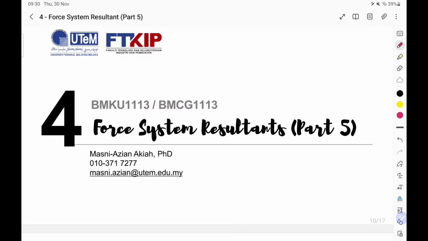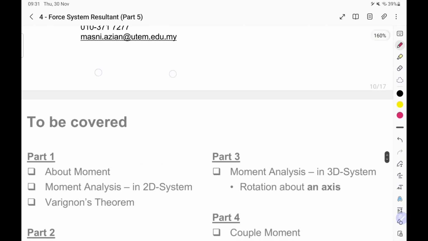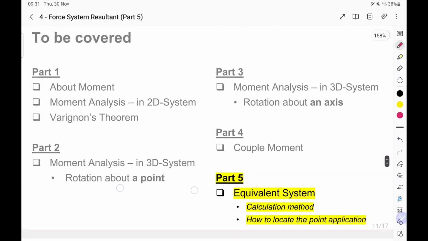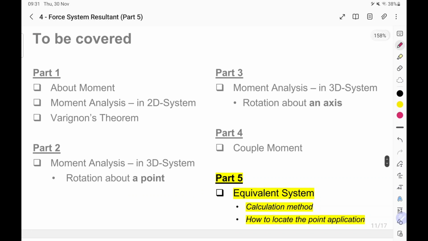So in this video, saya nak cover the final part in the force system resultant, which is related to finding an equivalent system. In the previous lecture sebenarnya korang dah belajar macam mana nak kira the equivalent system of an object subjected to multiple forces. So basically apa yang korang buat adalah, let's say you have an object like a beam like this, and then it is being subjected to multiple forces like this.